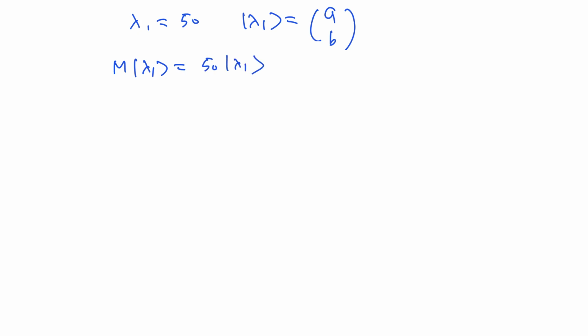So lambda 1 is 50. Say lambda 1 is AB as previously. M lambda 1 is 50 lambda 1, right? So 125 minus 75 and 75 125 AB is 50 AB.